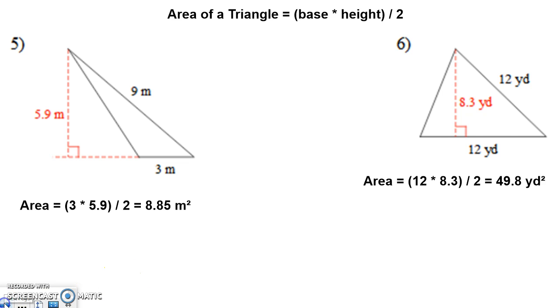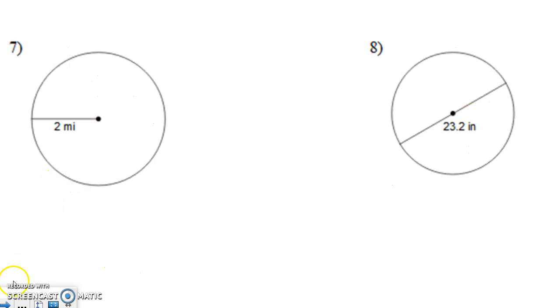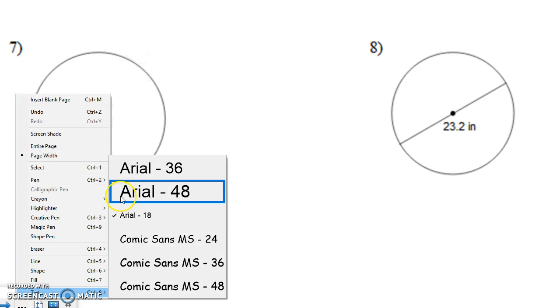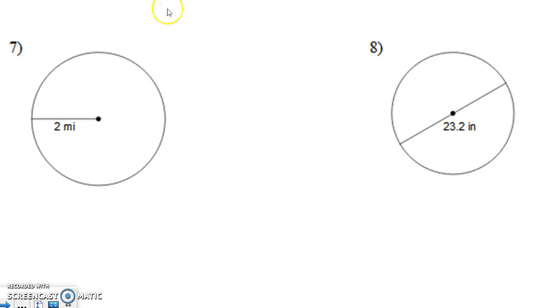So that's a triangle. Our last shape is a circle, and again, should not be entirely new. You guys have learned circles before, but just as a refresher, the area of a circle is pi times radius squared. And remember, pi is 3.14.